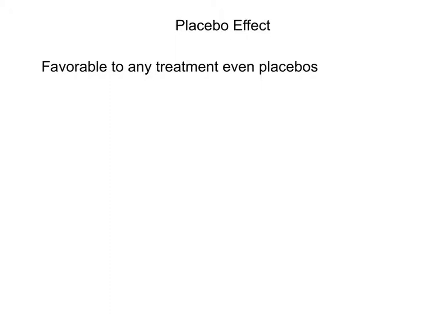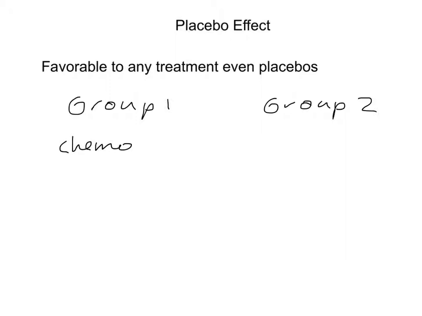For example, if you're doing a cancer research experiment and you have two groups, group 1 and group 2. Let's say group 1 is given chemotherapy and group 2 is given nothing.